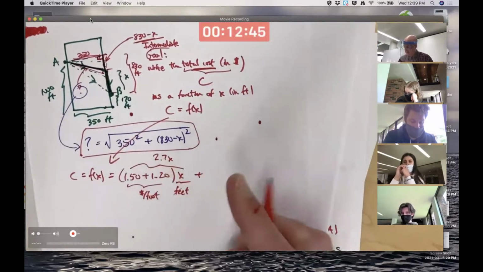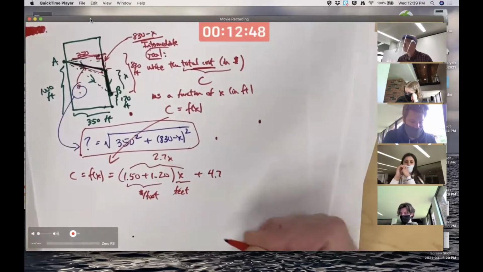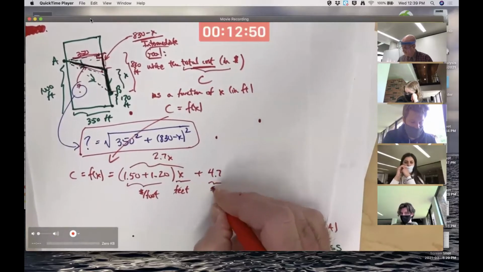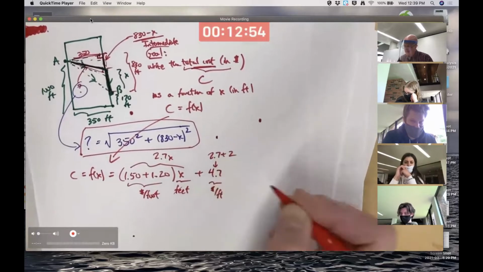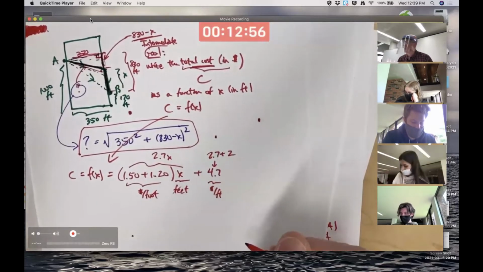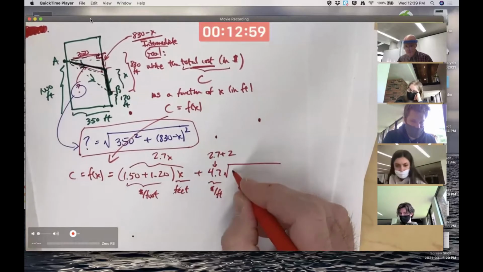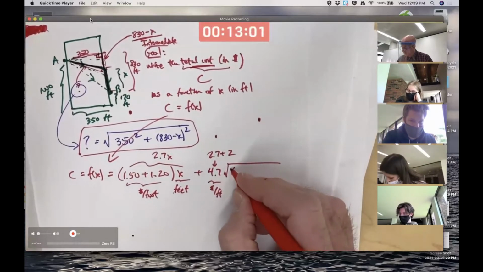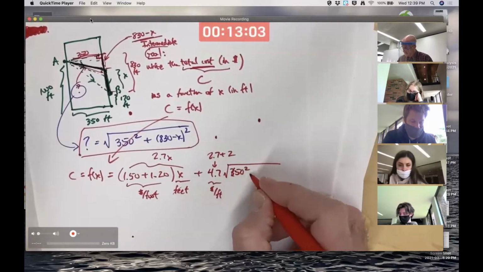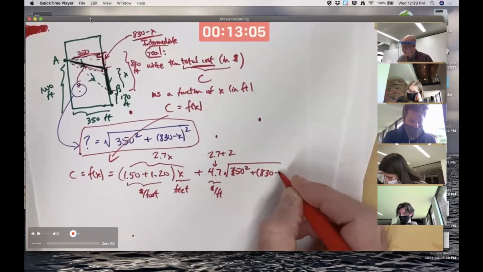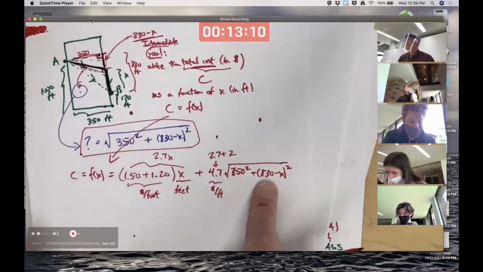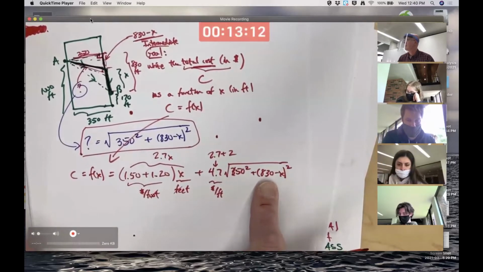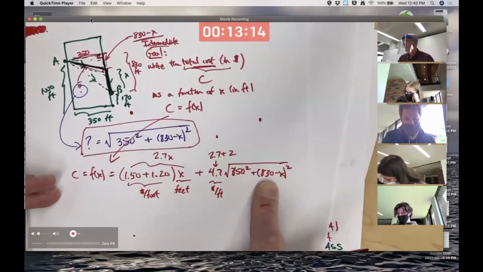2.7 plus 2 is 4.7. That would be in dollars per foot. Think of it as 2.7 plus 2. That gets multiplied by the distance across the wetlands: square root of 350 squared plus 830 minus x quantity squared. I think it actually turns out best here to not try to simplify this thing under the square root when we're about to take the derivative to try to minimize this cost.